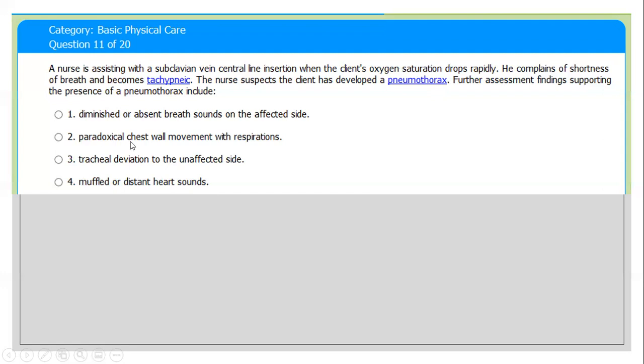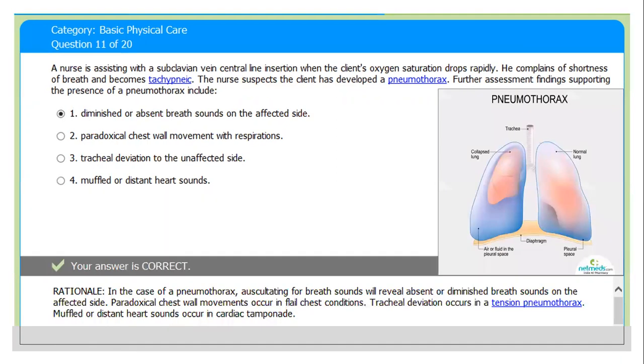Number 2, paradoxical chest wall movement, we only see in flail chest, so number 2 is not an answer. The trachea is deviated usually in case of massive pleural effusion, but our patient has a pneumothorax, air, not fluid. In a pneumothorax patient, if you put the stethoscope, you will get absent or diminished breath sounds.